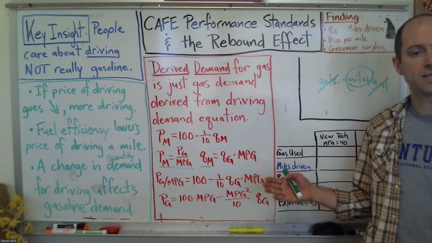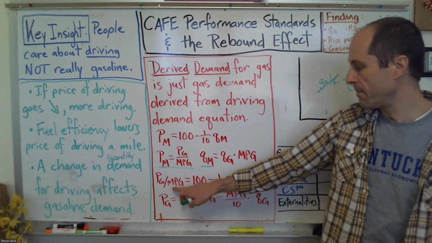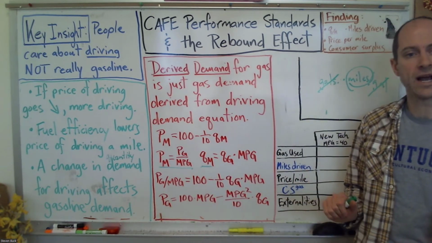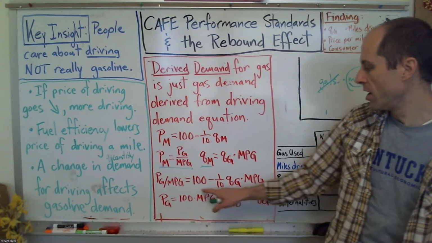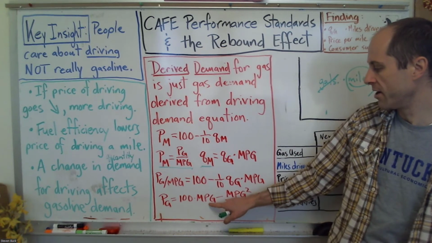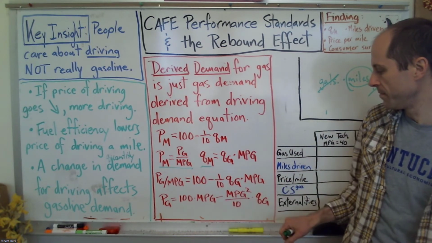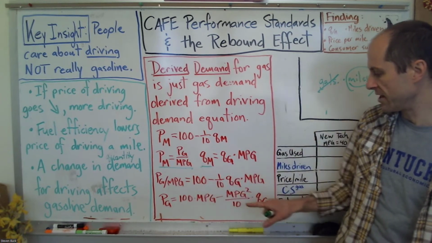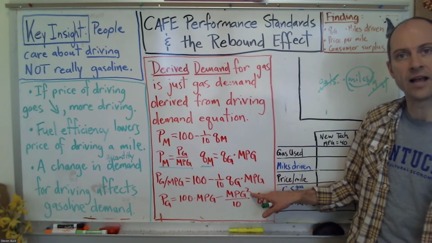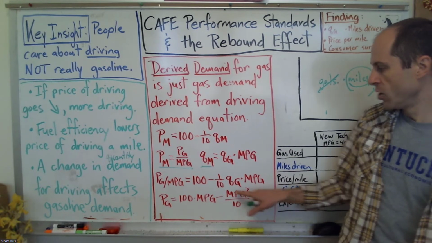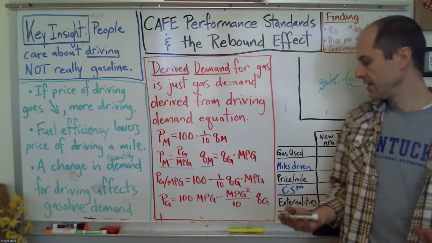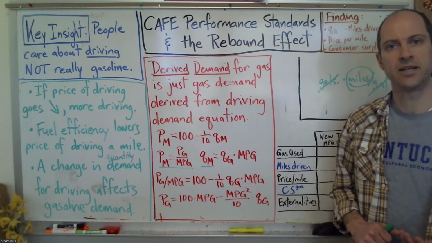If we multiply both sides of our equation by miles per gallon, we're going to be left with price per gallon on the left-hand side. Multiplying the miles per gallon on the 100, we get this for the first term. And then notice miles per gallon is already in the second term, so when we multiply both sides by the miles per gallon, we're left with miles per gallon squared. Once we have this, then we can figure out the demand for gasoline given any fuel efficiency.